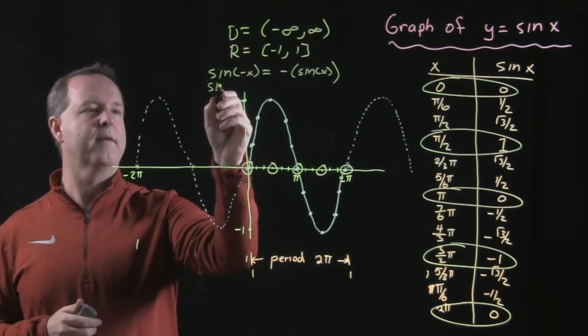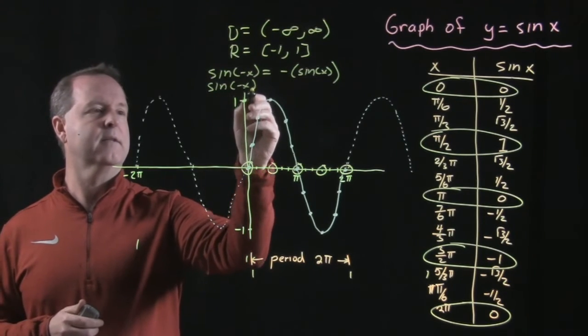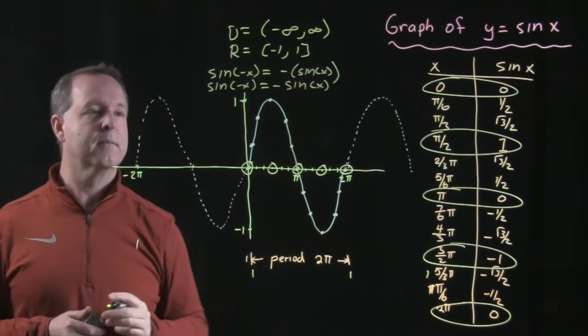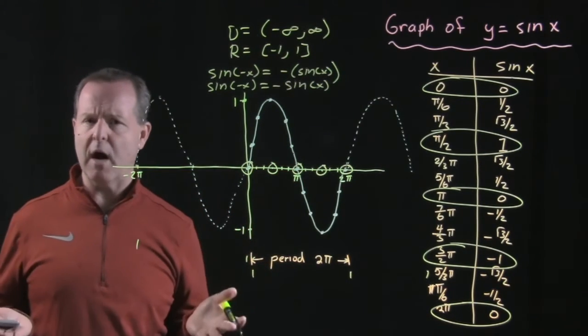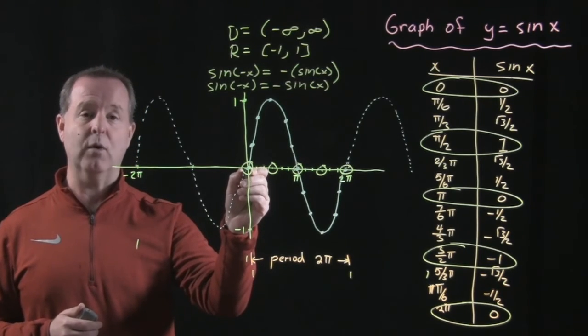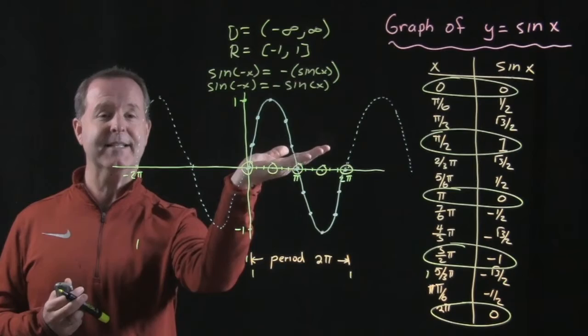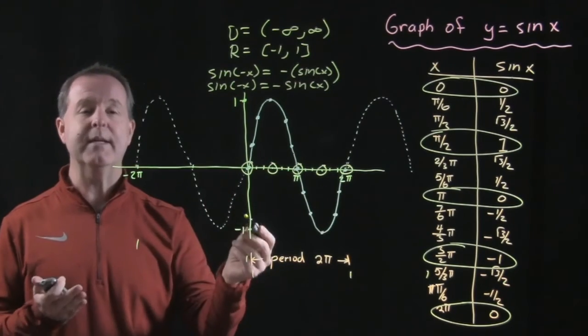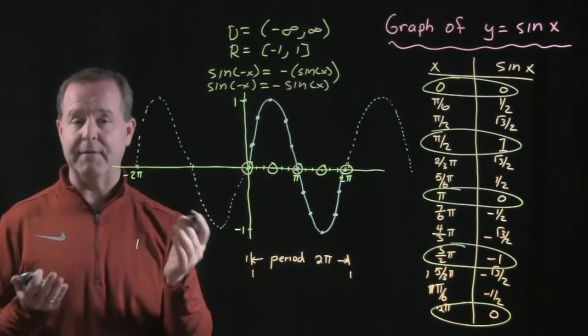So let me write it this way for you, since this is how you'll see it. So it's an odd function. And you remember what an odd function meant? It meant it was symmetrical about the origin. So if I reflected this graph about the origin, I would get the graph itself.